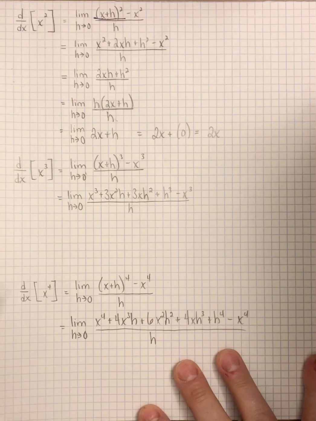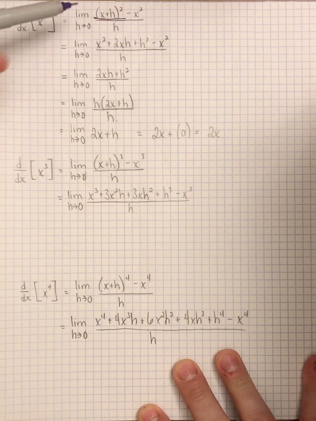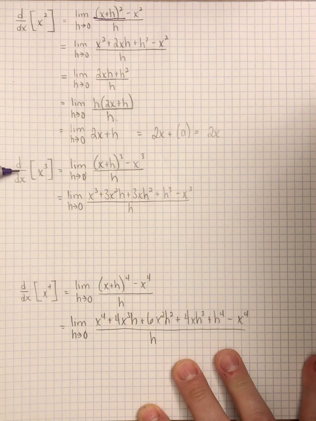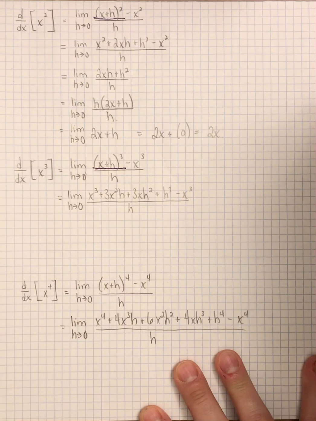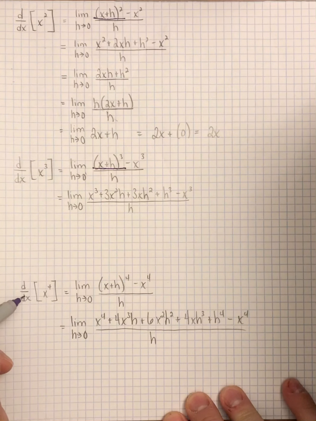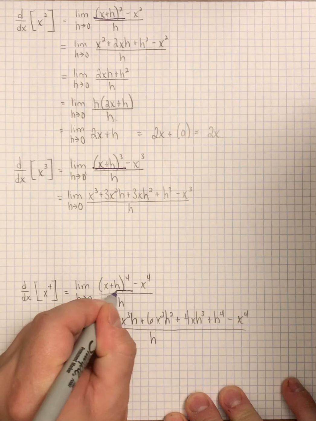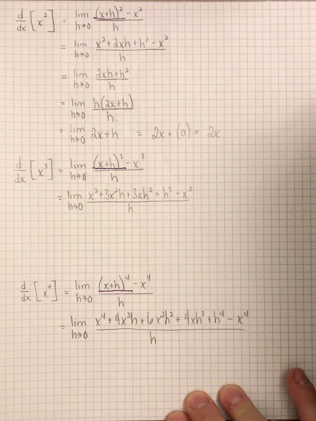We'll look at all the steps of this, but I also set up the beginning of the derivative of x cubed, where again we see x plus h to that power. And I set up down here the derivative of x to the fourth, where we again see in the limit definition x plus h to the fourth power.